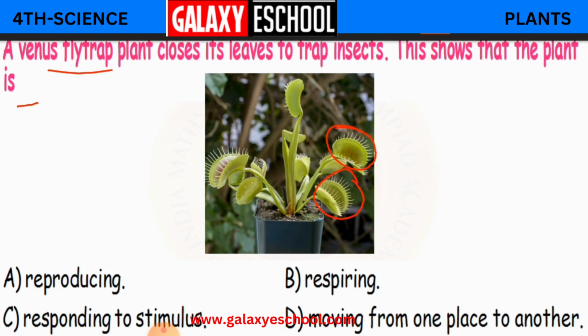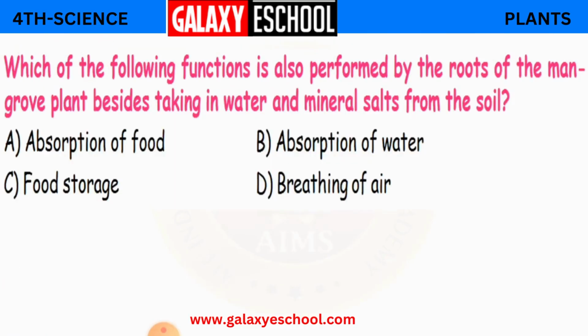This shows that the plant is reproducing, respiring, responding to stimulus, or moving from one place to another. It is responding to stimulus, C option. As an insect falls on the leaves, automatically the leaves close. So this is responding to stimulus.